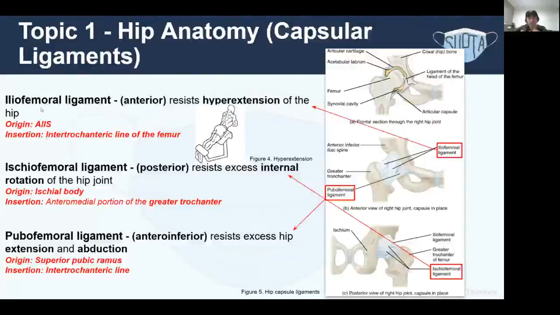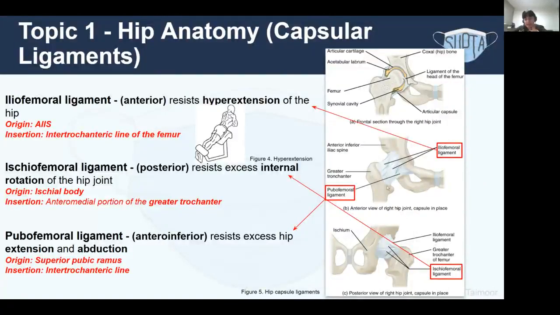So the iliofemoral ligament can be seen anteriorly. It originates from the anterior inferior iliac spine and inserts, with two separate bands, onto the intertrochanteric line of the femur, which is basically an imaginary line between the greater trochanter and the lesser trochanter.